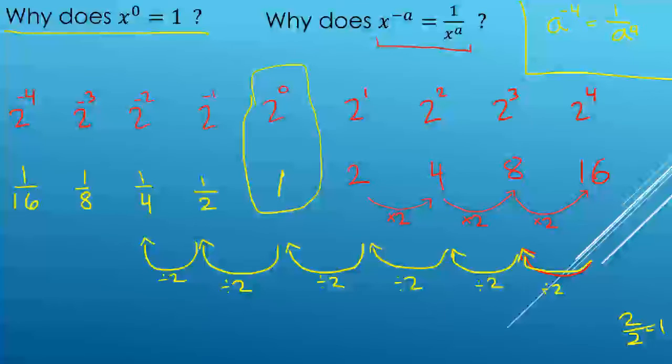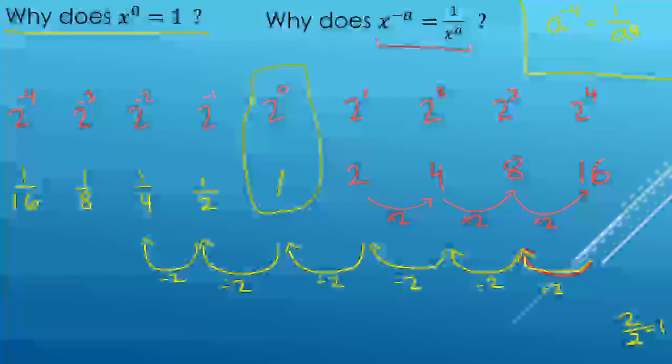It's 1 over a to the 4th. So it switches positions. It moves down, so to speak. I hope that's helpful. That's why those rules exist. That's where they come from.